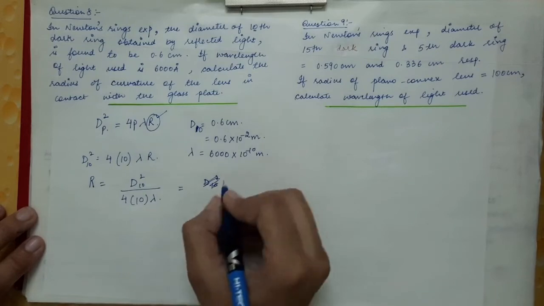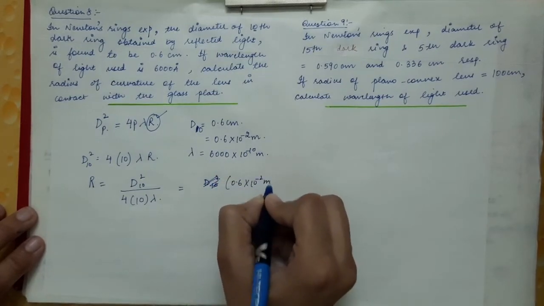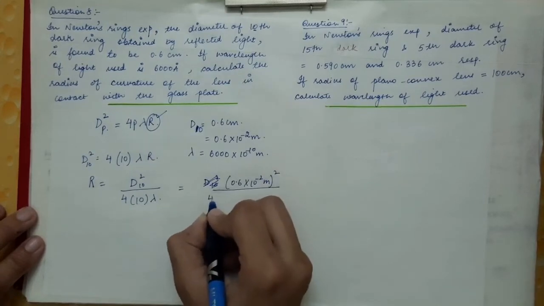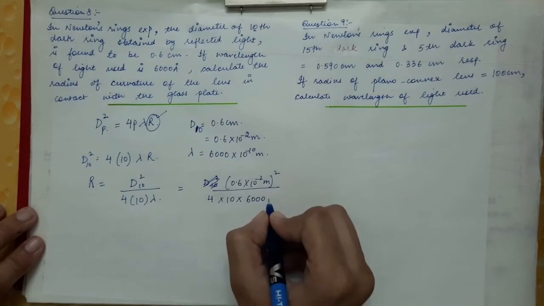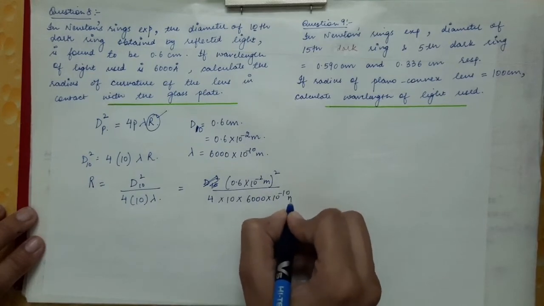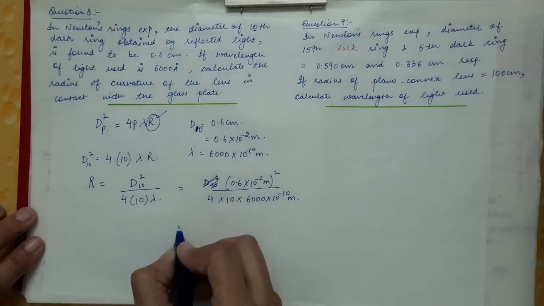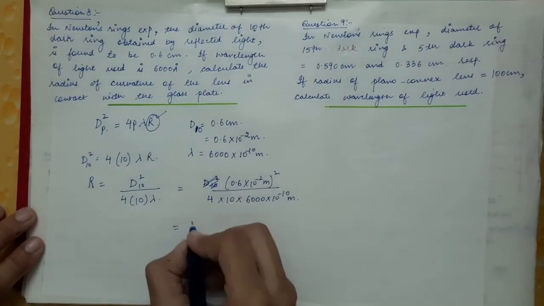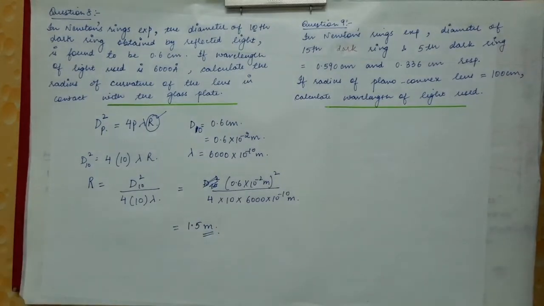On putting the values, D10 is 0.6 into 10 power minus 2 meter whole square, divided by 4 into 10 into λ, which is 6000 angstrom, that is 10 power minus 10 meters. On evaluating this whole term, capital R comes out to be equal to 1.5 meters.